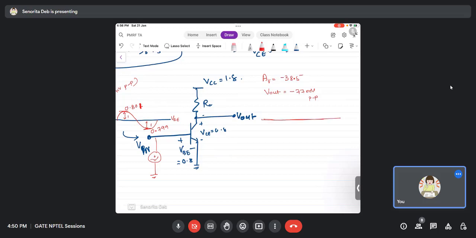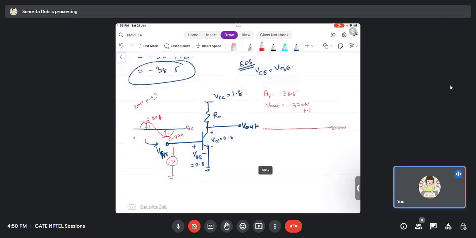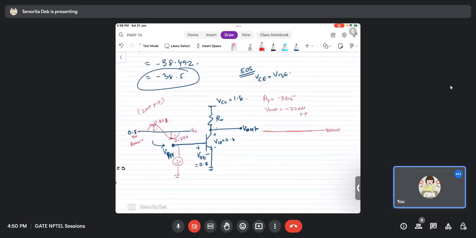DC is VCE. So 800 millivolt, just like the input, and 77 up, 77 down. Because of the minus sign, it is phase shifted by 180 degrees. So this is 877 and then 800 minus 77. Let me check. 800 minus 77 is 723.